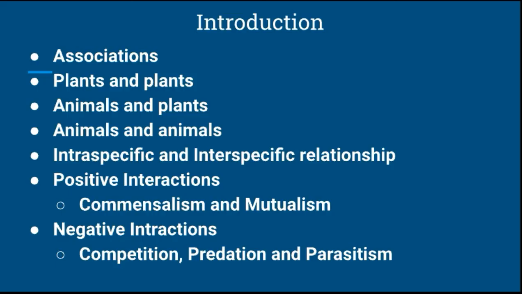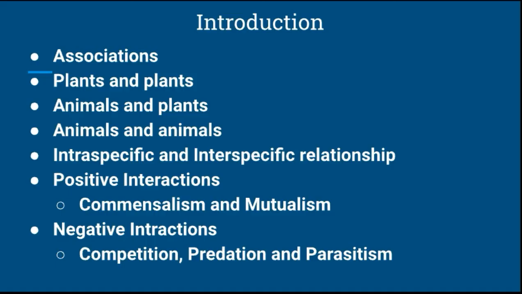Now next, the positive interaction and negative interaction. What is meant by positive interaction as well as negative interaction? In a positive interaction, one animal is beneficial and the other is not harmed, or not benefited.